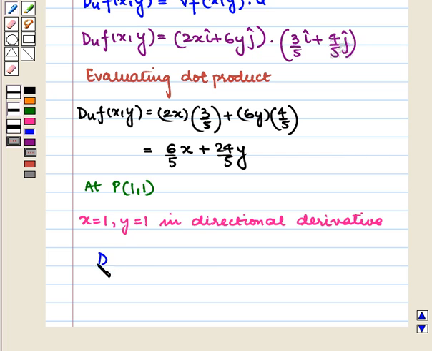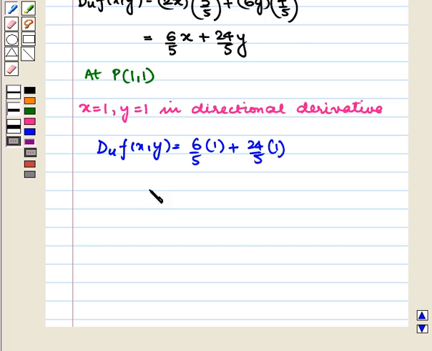We get D sub u of f of x, y is equal to 6 by 5 into 1 plus 24 by 5 into 1, which is equal to 30 by 5, which is equal to 6. So this is the required answer.